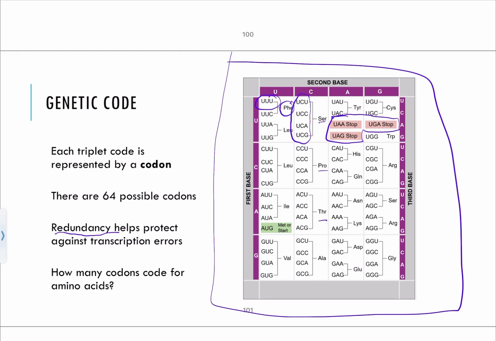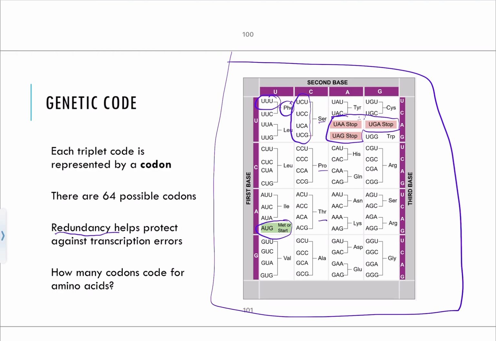We finished transcription when we hit the termination sequence. When we're talking about translation, we start when we hit a specific codon, which is always going to be AUG, and we stop translation when we hit one of these 3 stop codons over here. That's when our ribosome is going to come in and disassociate.